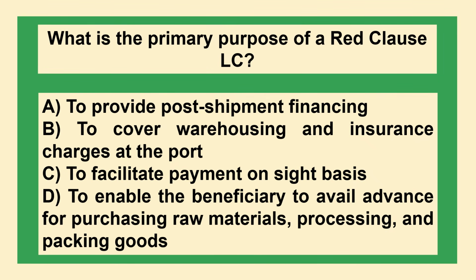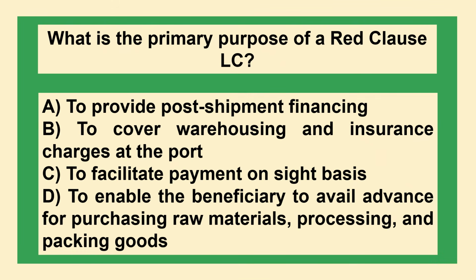Question. What is the primary purpose of a red clause LC? Option A. To provide post-shipment financing. Option B. To cover warehousing and insurance charges at the port. Option C. To facilitate payment on sight basis.